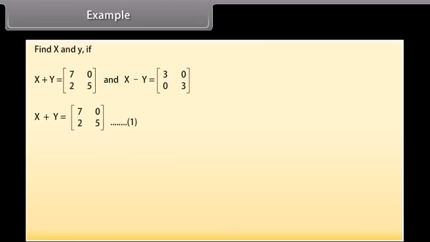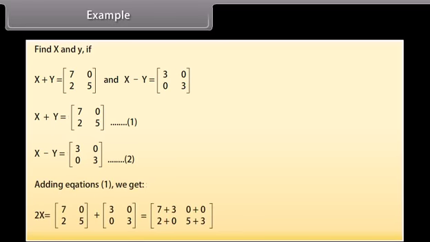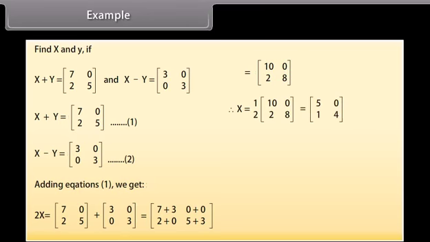Given X plus Y and X minus Y, mark them as 1 and 2. Now add equations 1 and 2, we get 2X is equal to the matrix row-wise first row 10 0, second row 2 8. Therefore, X is equal to the matrix row-wise first row 5 0, second row 1 4.